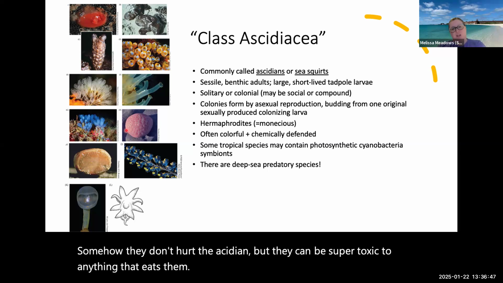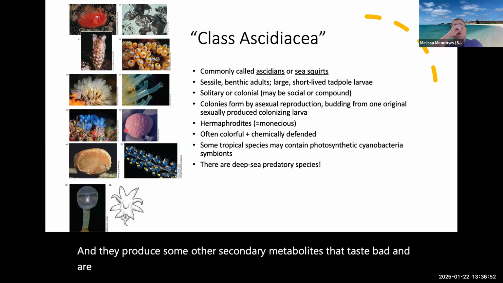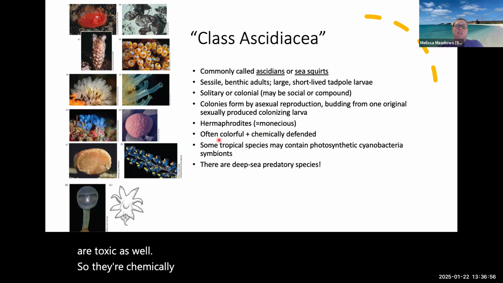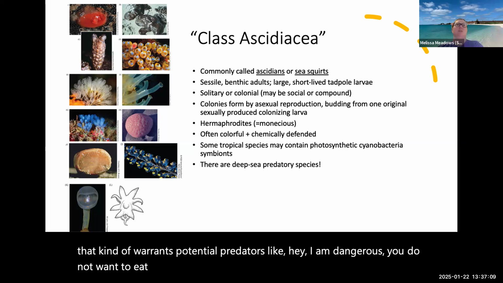And they produce some other secondary metabolites that taste bad and are toxic as well. So they're chemically defended, and they have this aposematic coloration that kind of warns potential predators like, hey, I am dangerous. You do not want to eat me. So that's part of how they protect themselves.